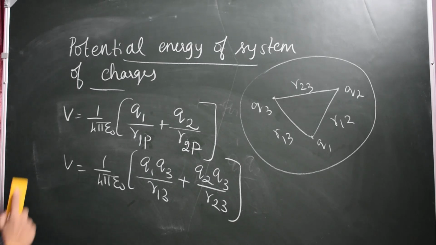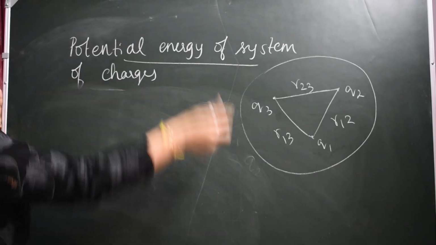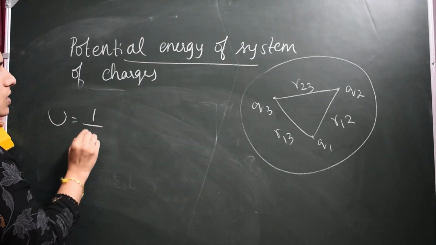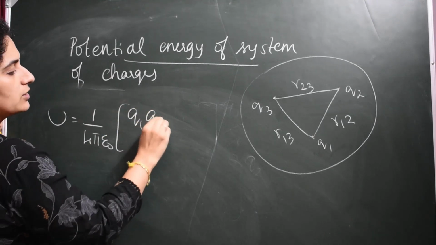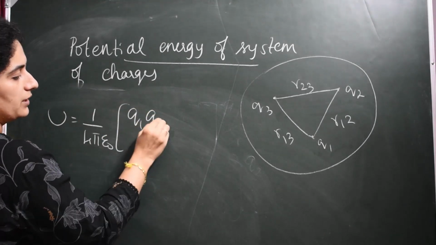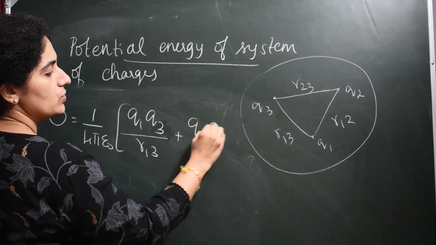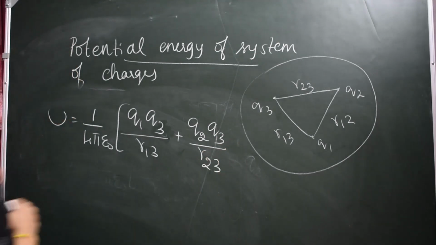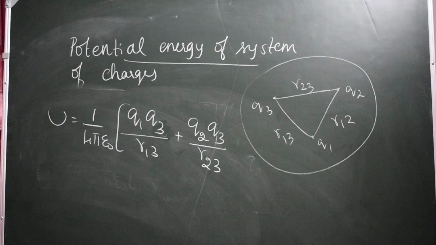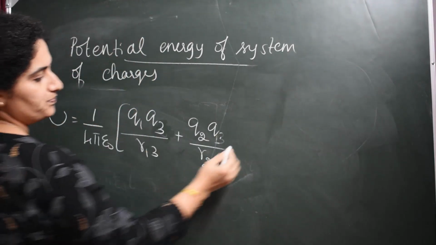For this you have to bring one more, all the combinations that you have to do. So U is equal to 1 by 4 pi epsilon naught into Q1 Q3 divided by R13 plus Q2 Q3 divided by R23 and Q1 Q2 divided by R12.